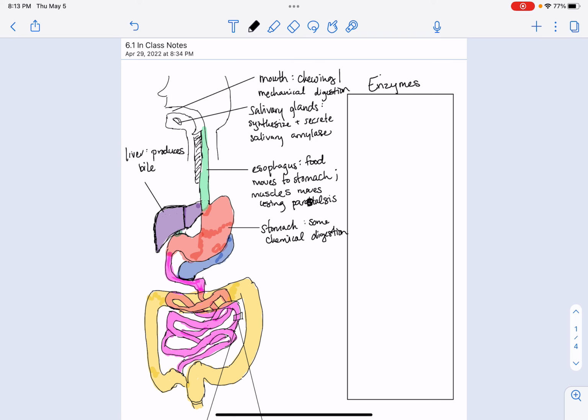This is where some proteins get digested. And then there's also churning of food, again using peristalsis. And this is mechanical digestion.